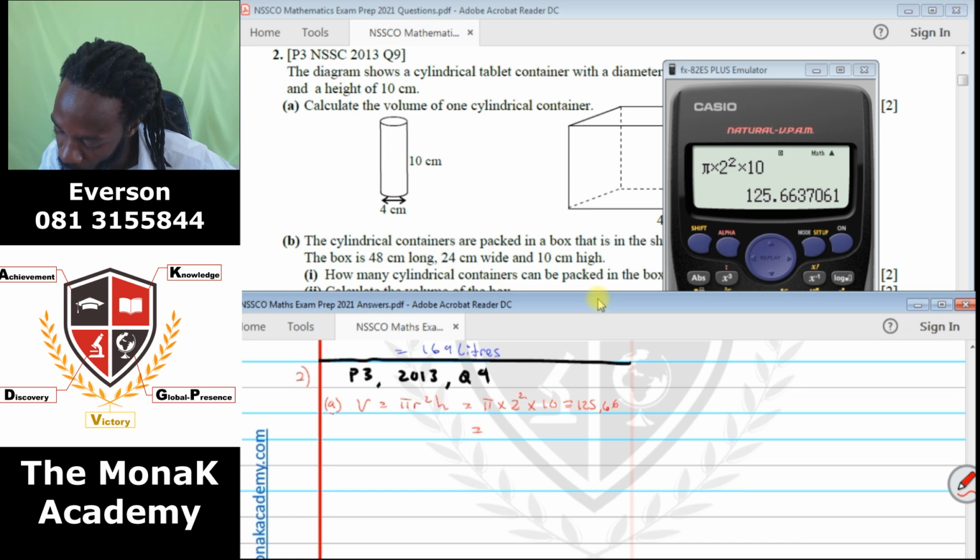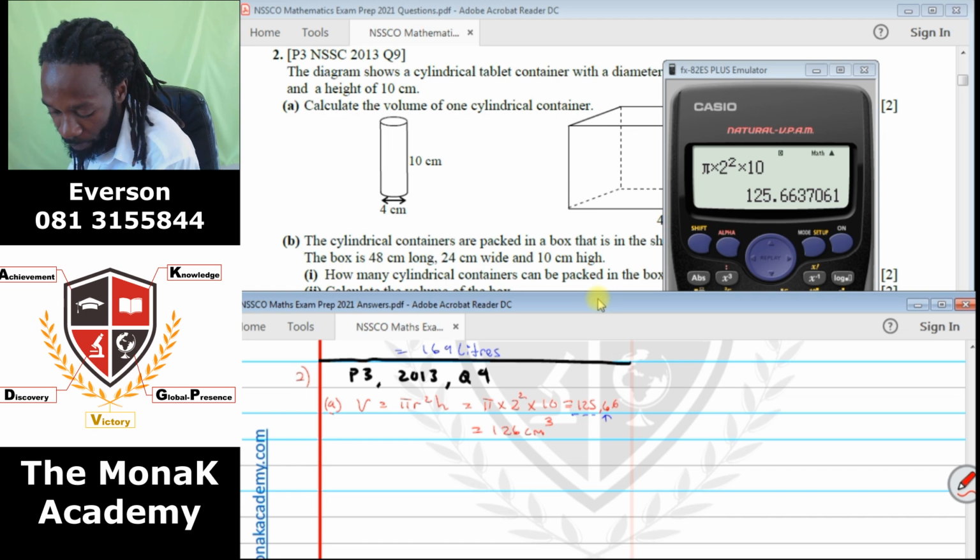Which is equal to, to 3 significant figures, we count 1, 2, 3. We look at the fourth one, which makes it 126. And it's volume, so it's cubic centimeters.